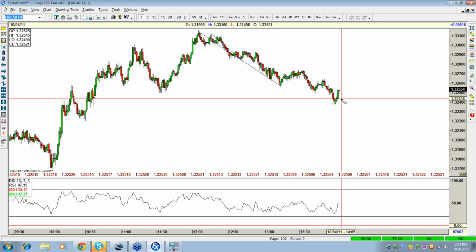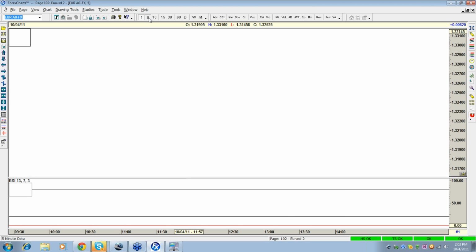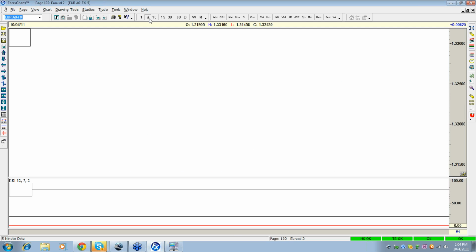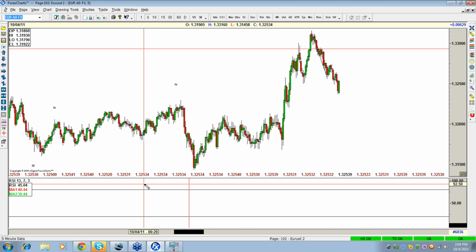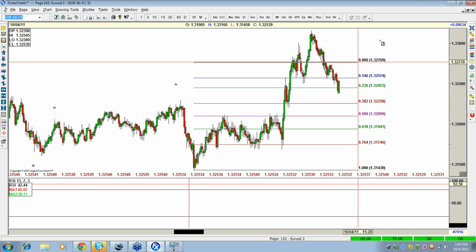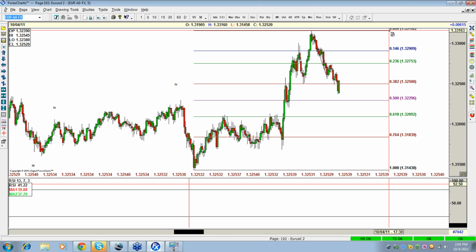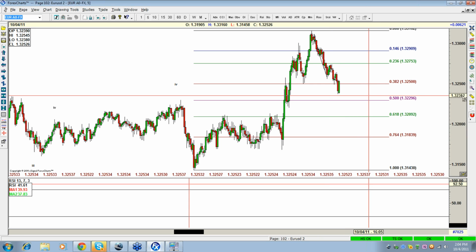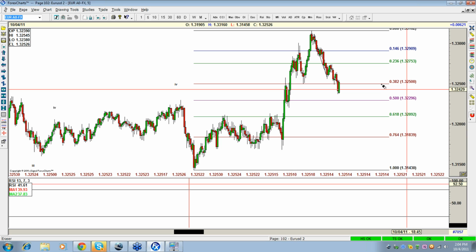This is a 1 minute chart. Okay, 1 second. Let's wait for the easy now here. You're seeing this as a double 6 eyes. Yeah.